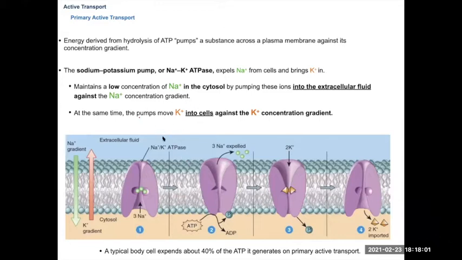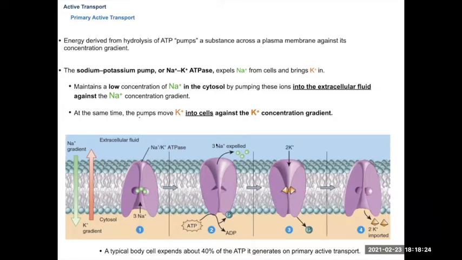So you're going to maintain this low concentration of sodium inside the cell by pumping it outside the cell, and vice versa for your potassium, right? So it's going to couple these two right here, and it's going to use ATP to do it, right?